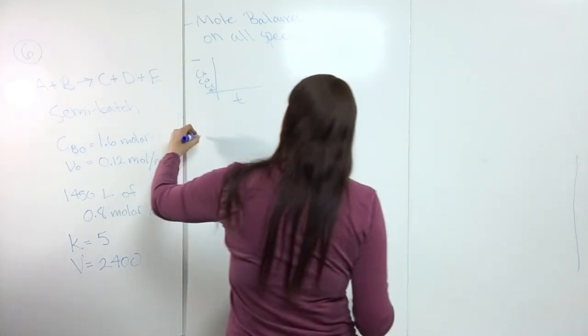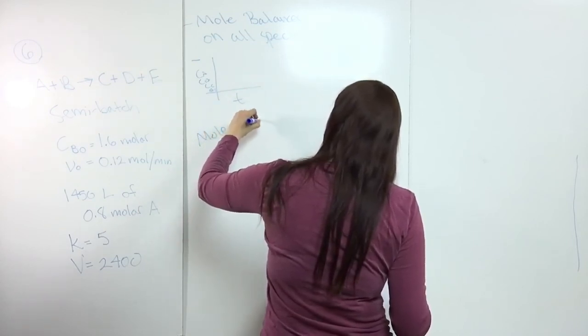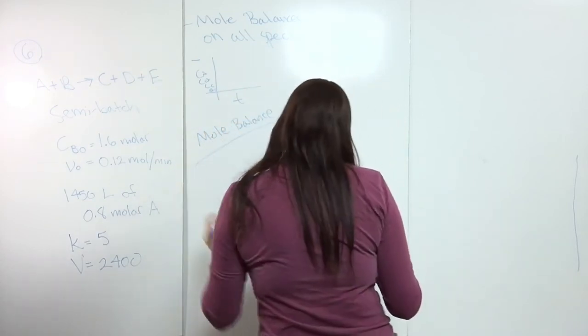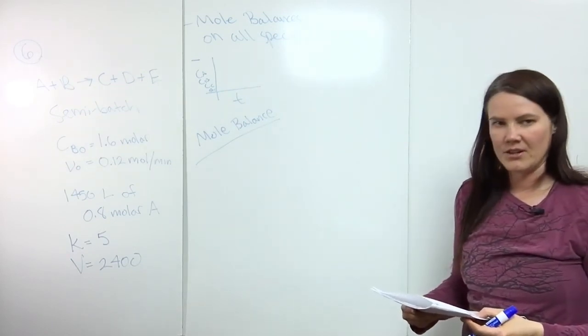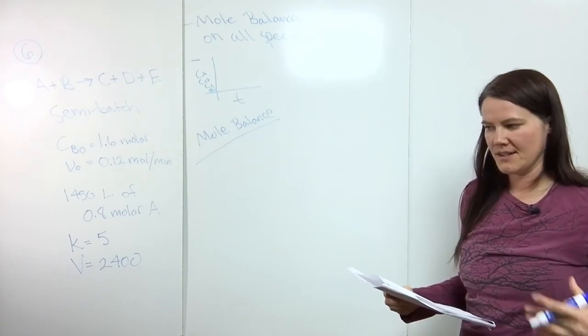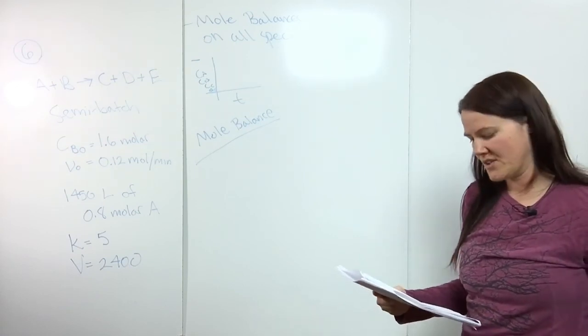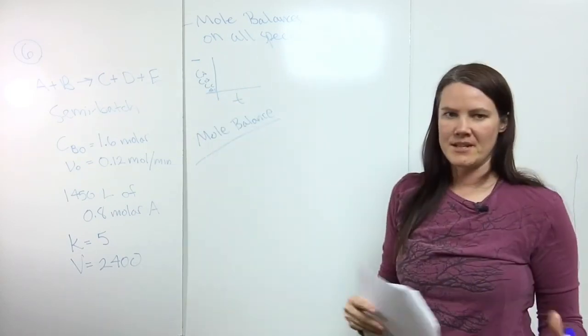First of all, you start with a mole balance, and then it says we're looking for a mole balance for all of the species. So we're using concentrations, because concentrations is what we're looking for, instead of conversions.